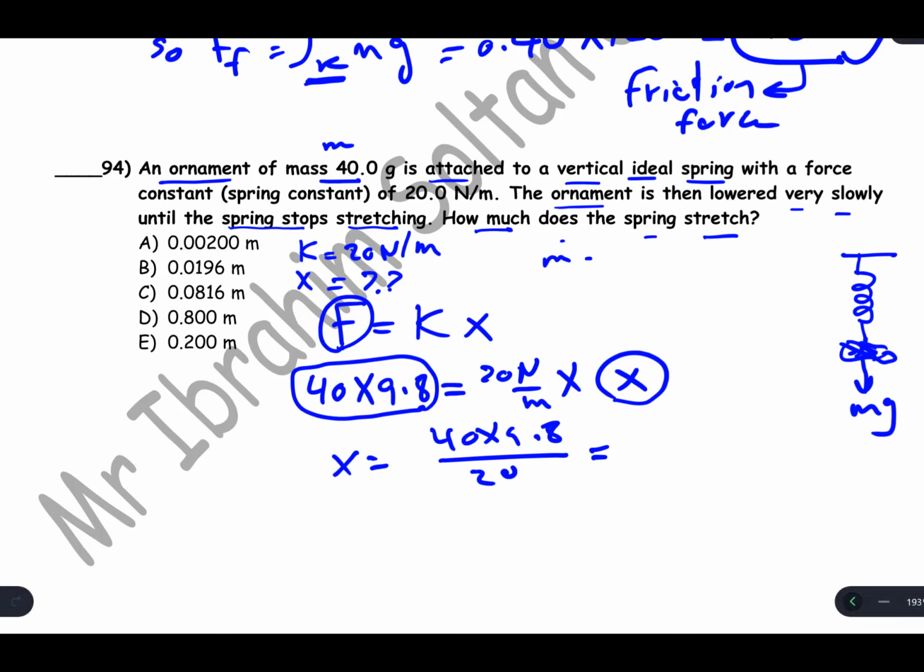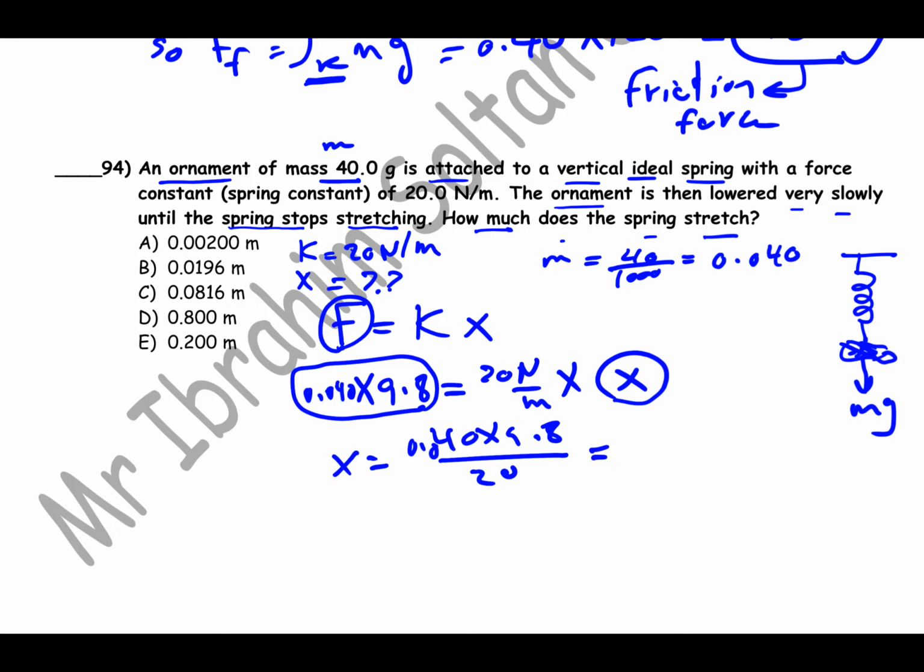But hold on, the mass here is in grams, so 40 over 1000 to make it in kilograms, so 0.040. So instead of 40, 0.040, and here 0.040.